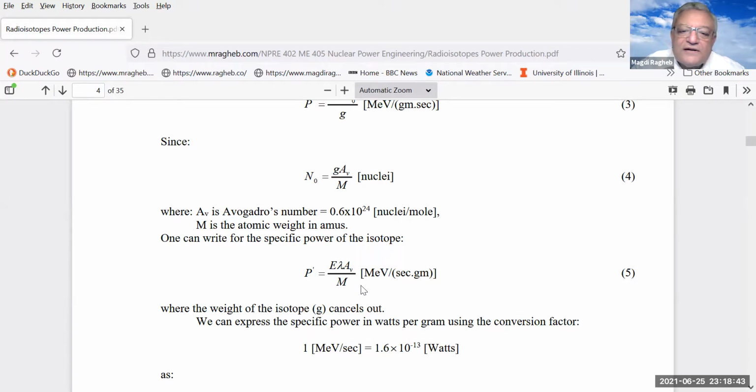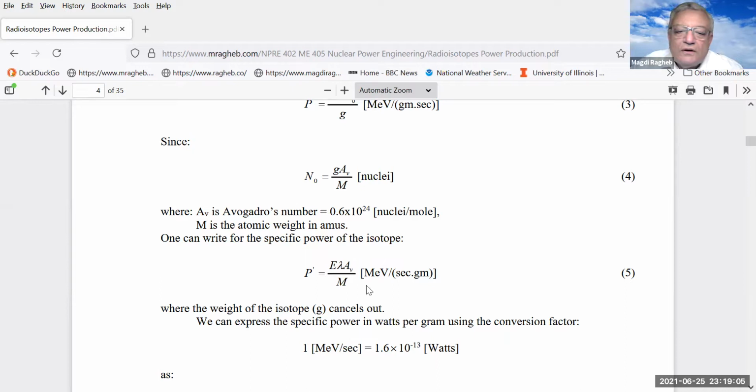And you can express million electron volt per second, this is a unit of power obviously, into a more convenient unit for power, which would be the watts, or joule per second. And the conversion factor is that 1 million electron volt per second is equal to 1.6 times 10 to the minus 13 watts.